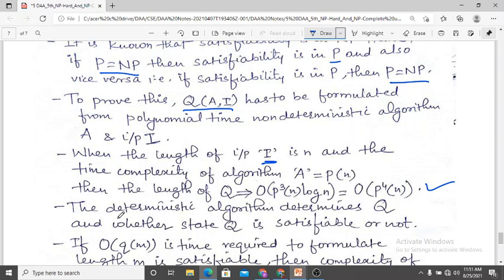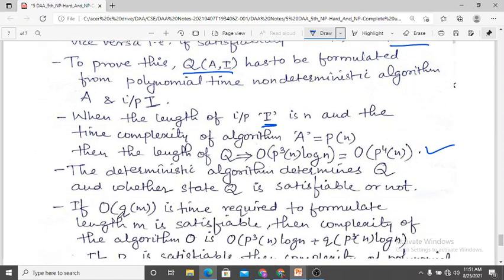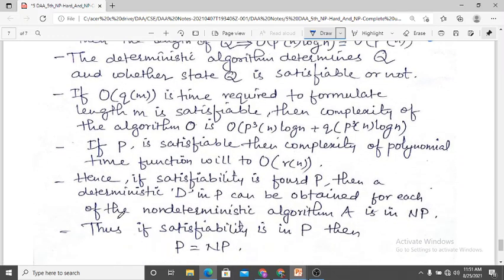It will check whether Q is satisfiable or not. If O(Q(m)) is the time required to formulate a formula of length m and check if it is satisfiable, then the complexity of the algorithm is order of P^3(n) log n plus the cube of P^3(n) log n.